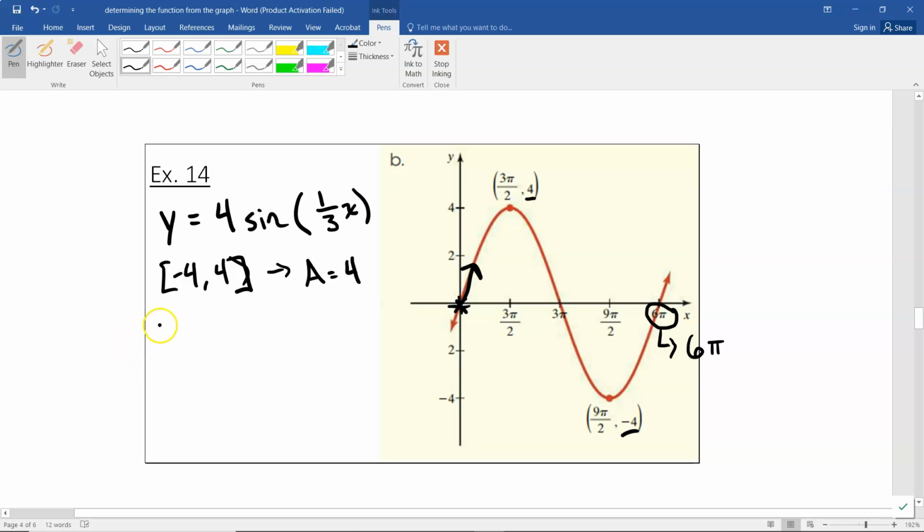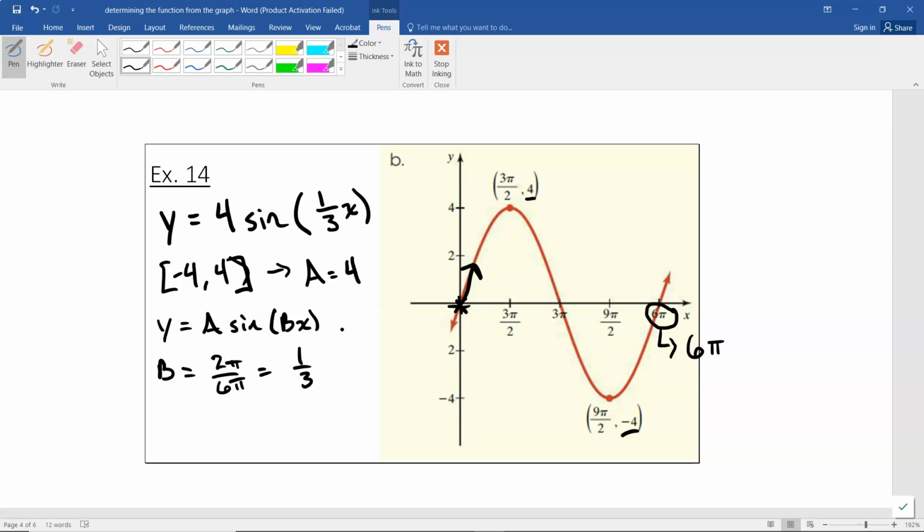Also, it is a sine function. Hopefully you noticed that, at least. And lastly, we have the period of 6 pi. So we take 2 pi divided by our period, and this gives us 1/3, which will be our b coefficient.